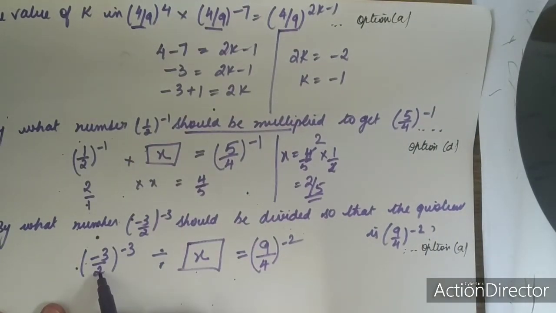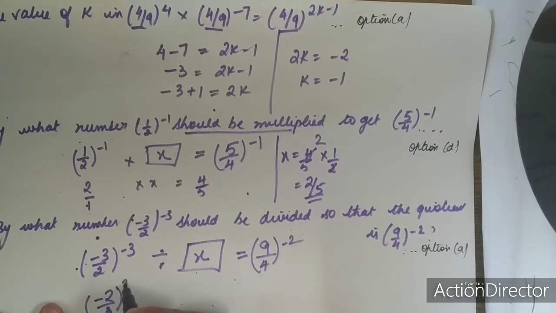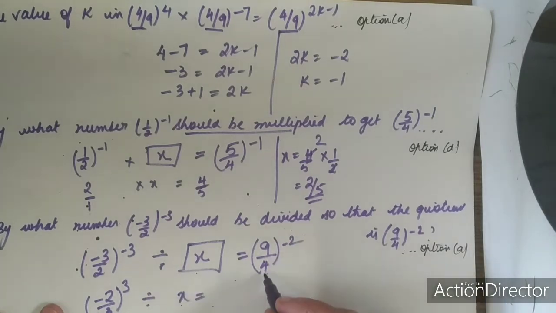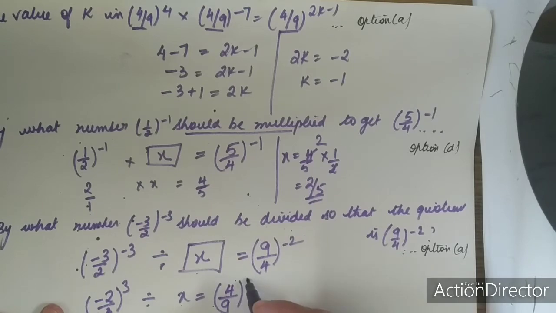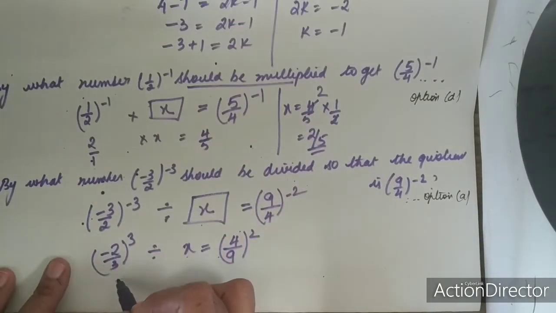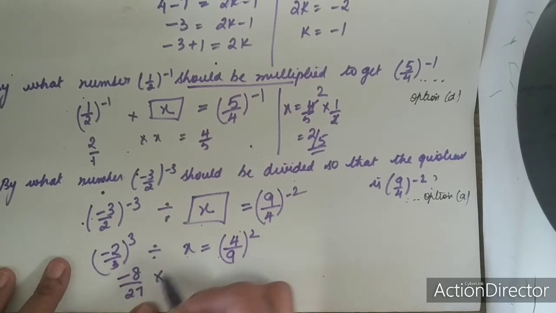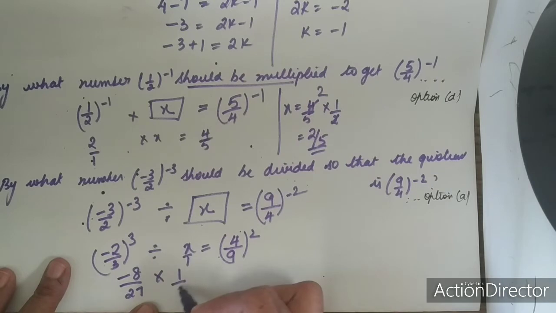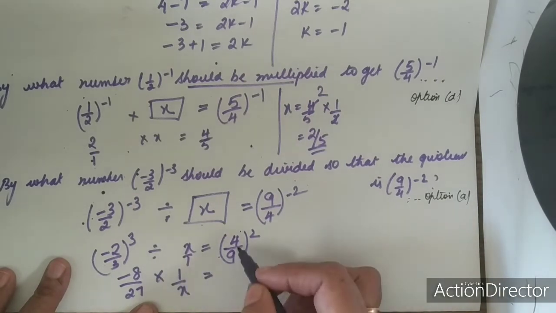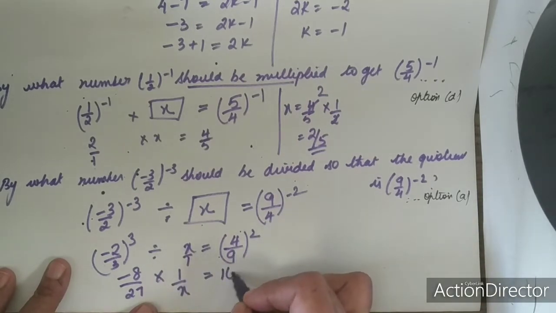So minus 3 upon 2 will become (minus 2 upon 3) whole raised to the power of 3 divided by x equal to 9 upon 4 can be written as (4 upon 9) whole raised to the power of 2. So what is (minus 2 upon 3) whole power 3? It is minus 8 upon 27 into x upon 1 can be written as 1 upon x is equal to 4 raised to the power of 2 is 16 upon 81.